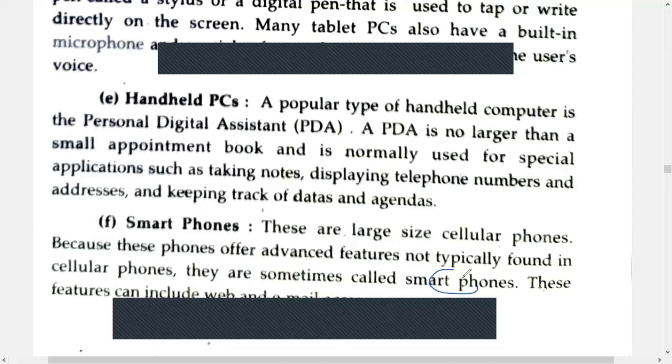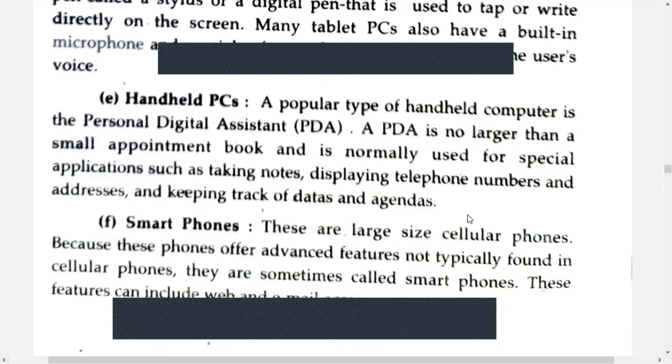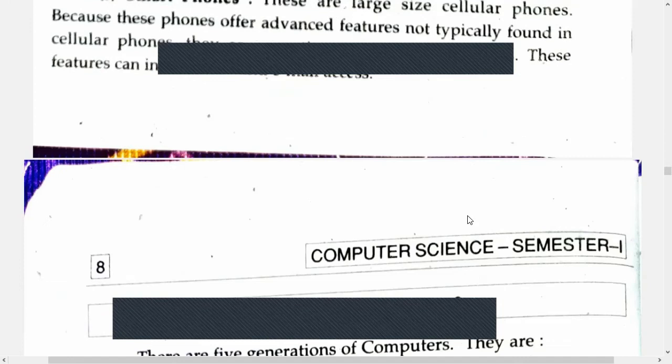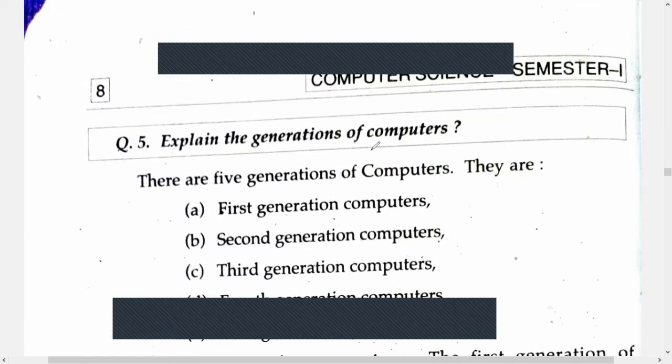These features can include broadband email access. The information is a little bit 10 years old. That's the reason you may not be aware of this data, but this is the history of companies. Okay, let us continue for the next thing.